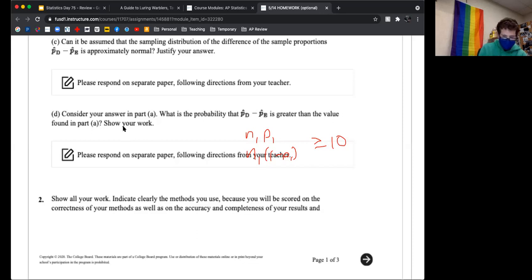We're going to have our statistic 0.192 minus a parameter 0.1 over the standard error that we calculated, the long one we just did, 0.3 times 0.7 all over 40 plus 0.2 times 0.8 all over 60. And then you can figure out what that z-score is.